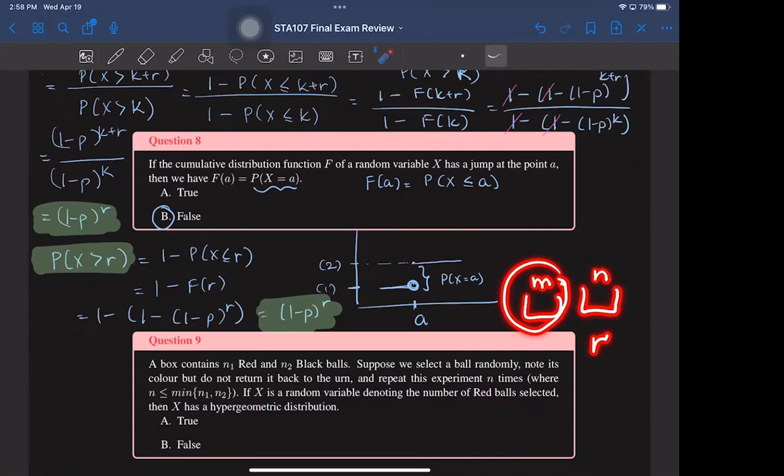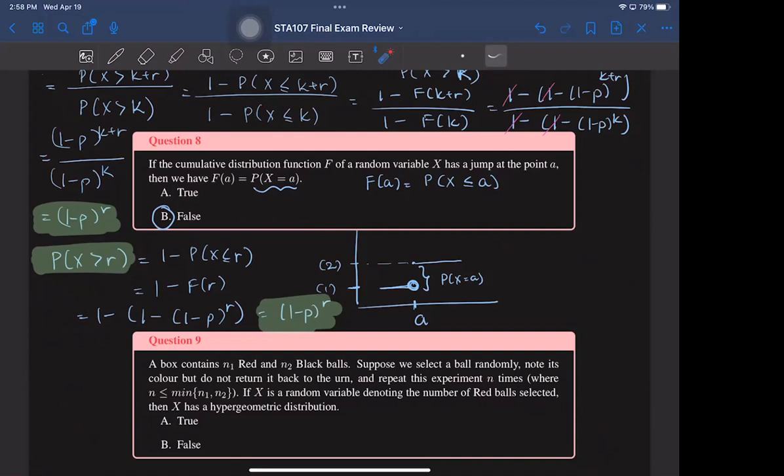Then the number of objects that come from the first group out of those taken objects follows a hypergeometric distribution. Okay, I see someone say that it is true. It makes sense. Let's see on Kahoot.